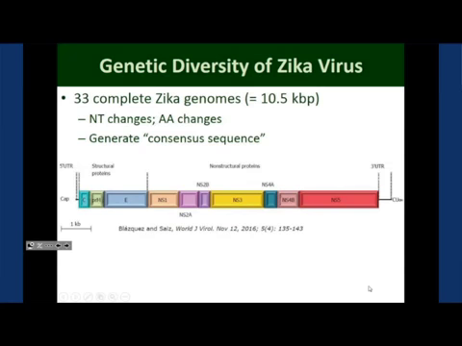How were those different from African strains? So what we did was a lot of looking at a lot of sequence. We generated what's called a consensus sequence. It means at every single position, we picked the most common base and then the most common amino acid.